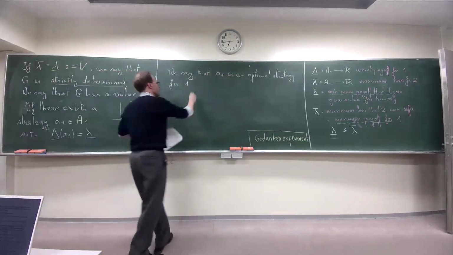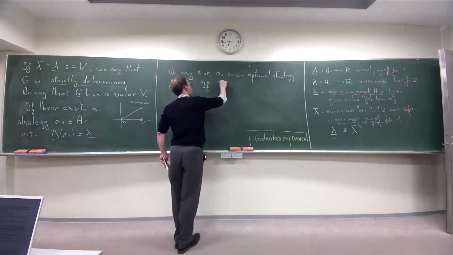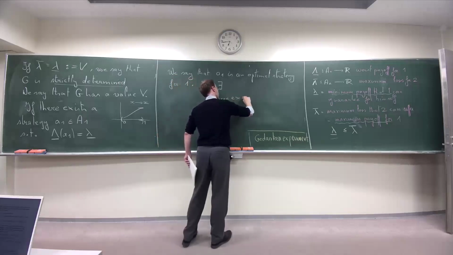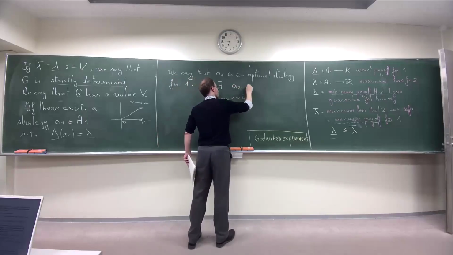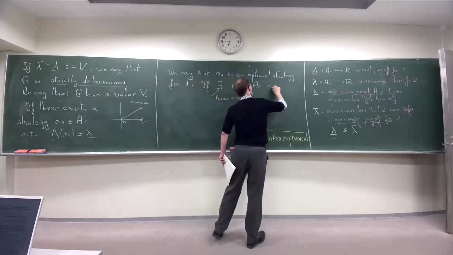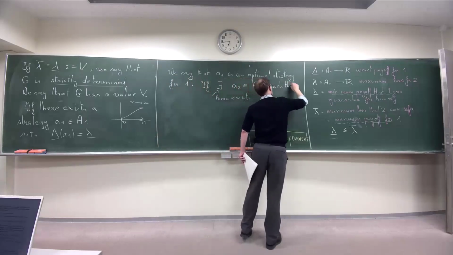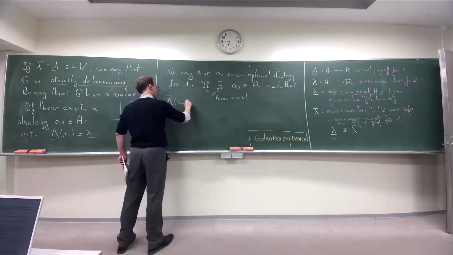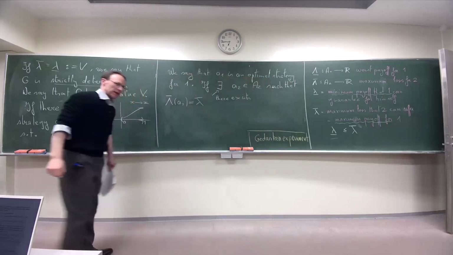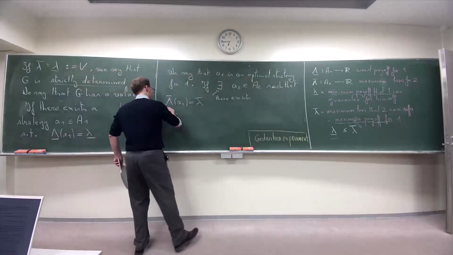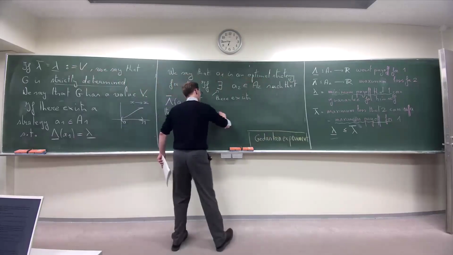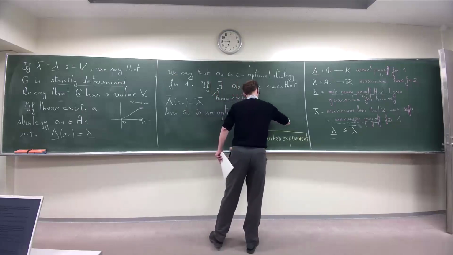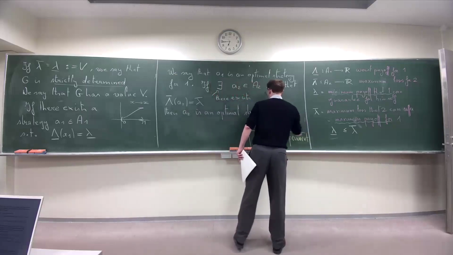And similarly, if there exists A2 in A2 such that it's exactly the same sentence, but now for lambda overline of A2 is exactly this value, then A2 is an optimal strategy for player two.